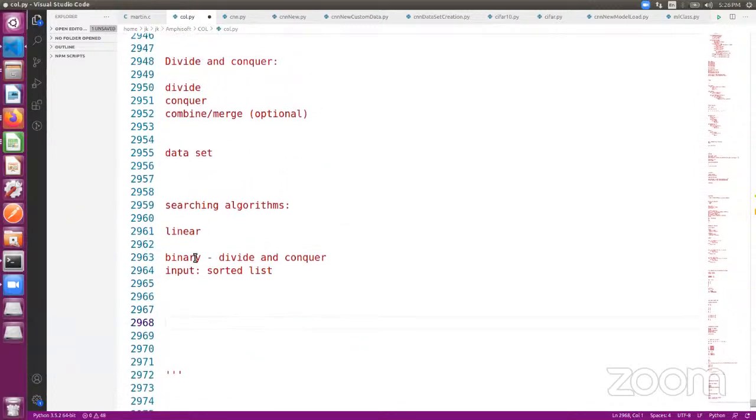So I told you this binary search is a divide and conquer algorithm. All the divide and conquer algorithms will be recursive algorithms. We can write it using iteration, but it is very simple if you write it using recursion. So for binary search, I'll just write the pseudocode.